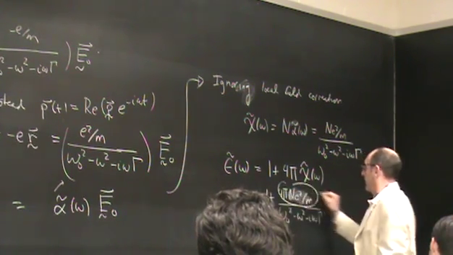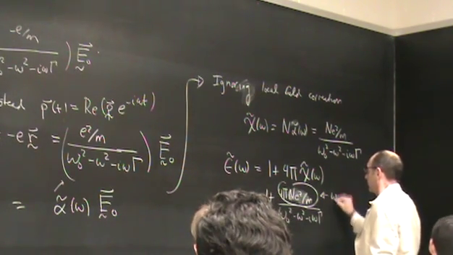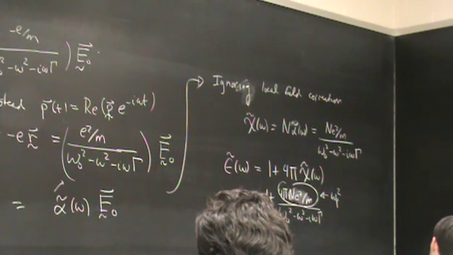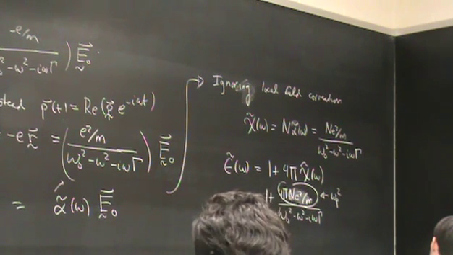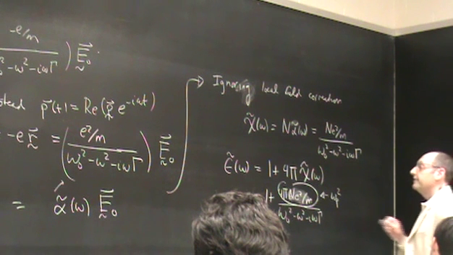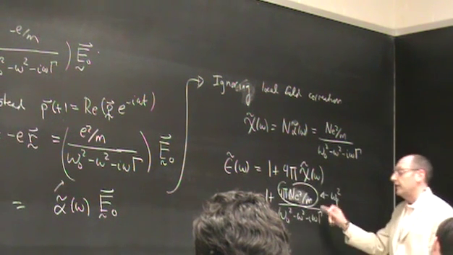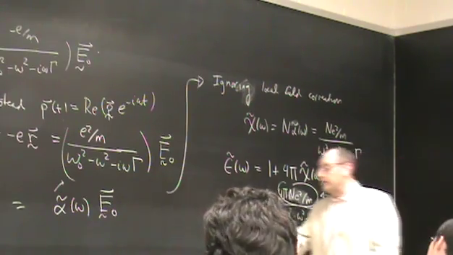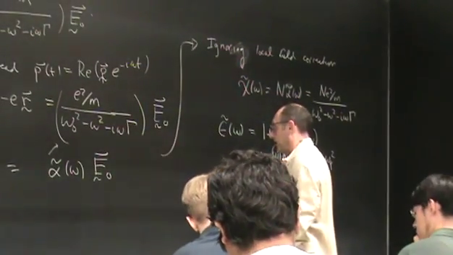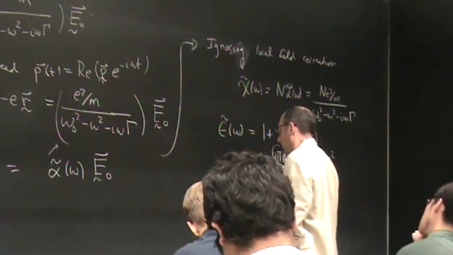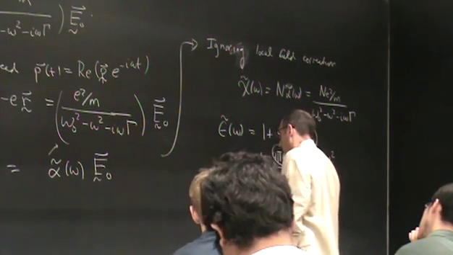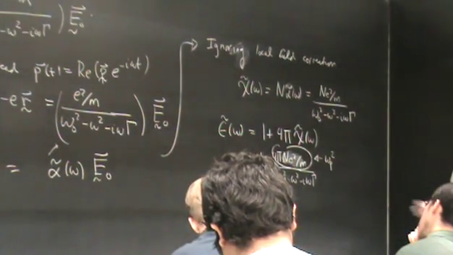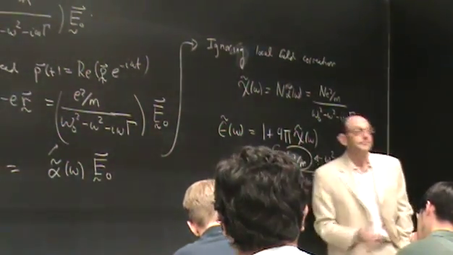This quantity up top here is known as the plasma frequency squared. And this is a complex number. It has a real and imaginary part because of this i over here. And the index of refraction is also thus complex. As we're ignoring the magnetic effects, mu is approximately 1. This is the index of refraction, and that's also complex.